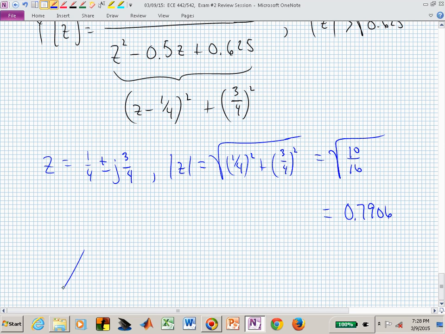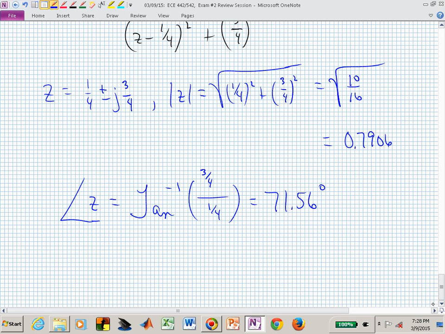We can also find the angle of those poles. Let's say the one with the positive angle, or the pole in the first quadrant. That's the inverse tangent of the imaginary piece over the real piece, which is the inverse tangent of 3, which is 71.56 degrees.